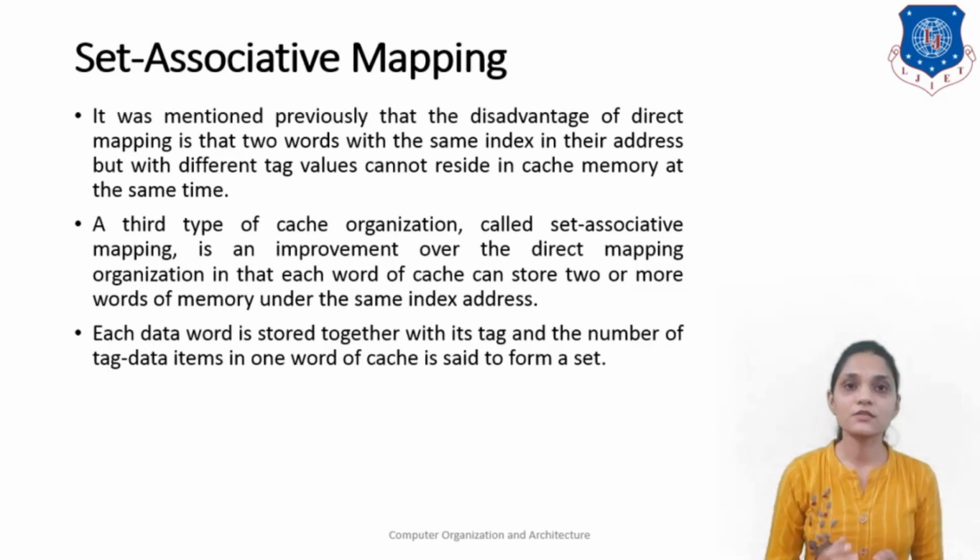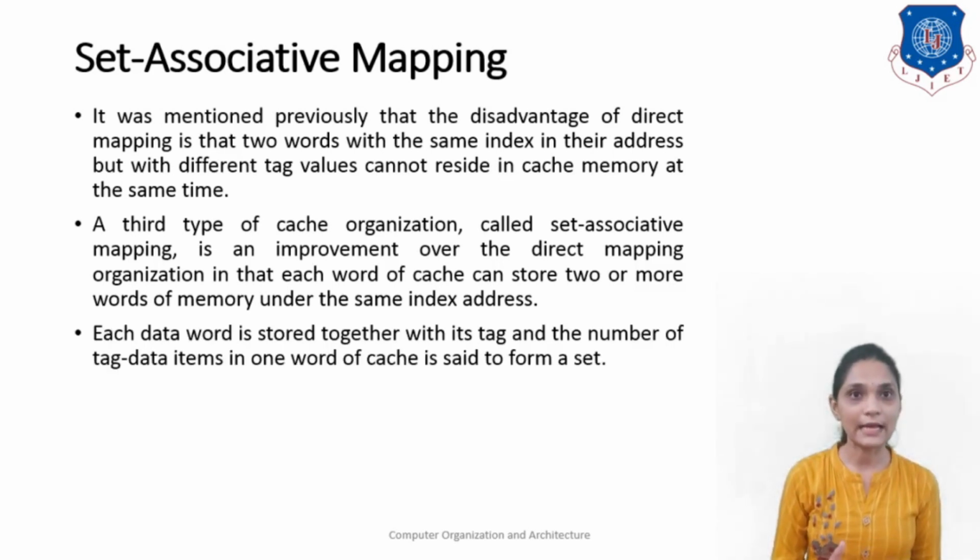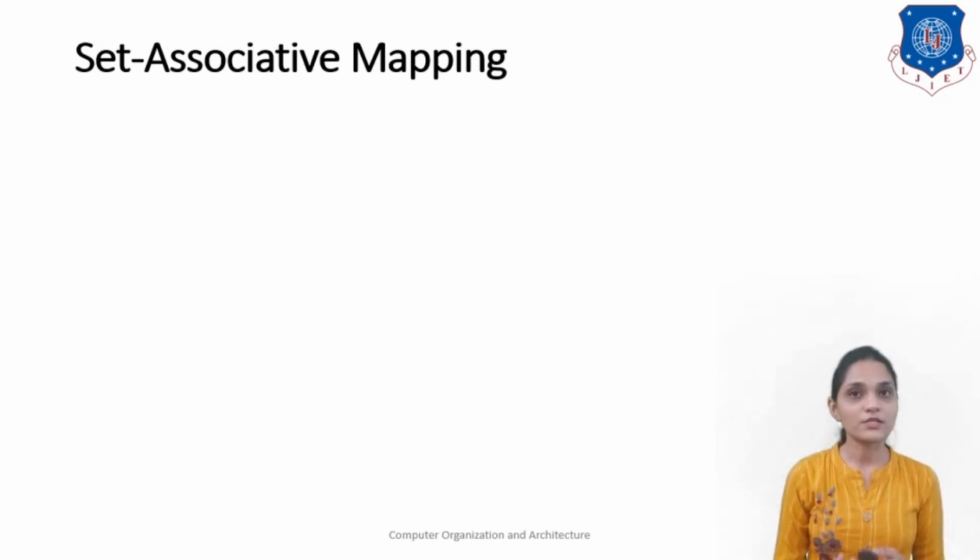Each data word is stored together with its tag, and the number of tag-data items in one word of the cache is said to form a set. So it is known as set associative mapping.